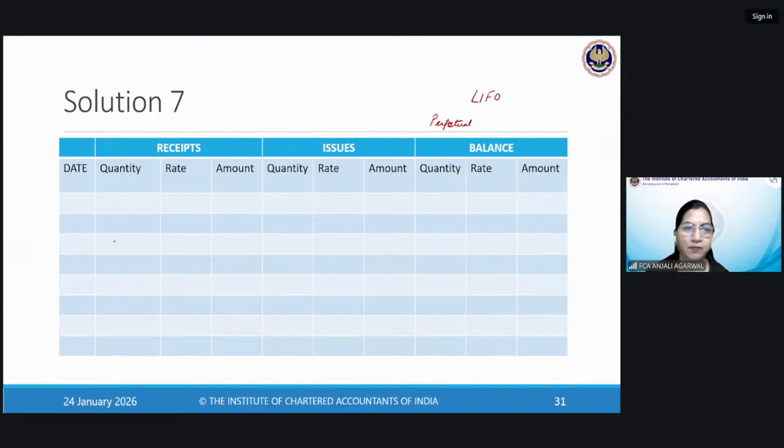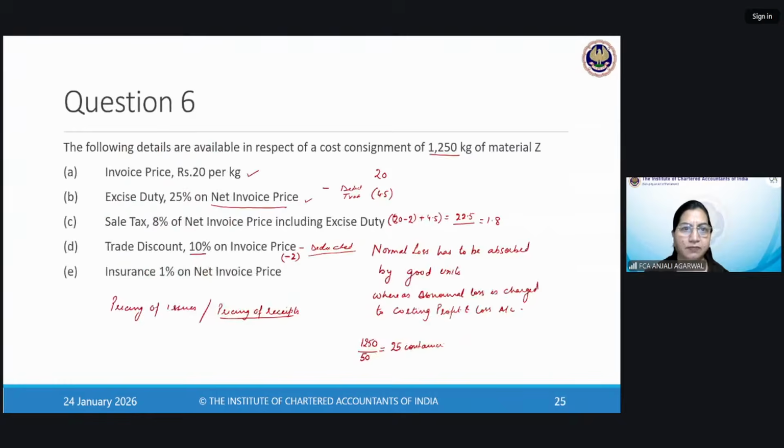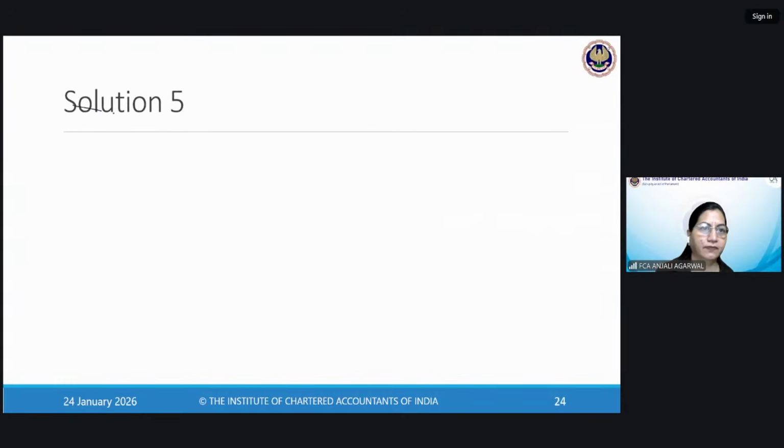Team, there is one more important concept. There is a concept of ABC analysis. ABC says that you categorize or classify your raw material into three categories. Category A, which is highest in value but less in number of units.